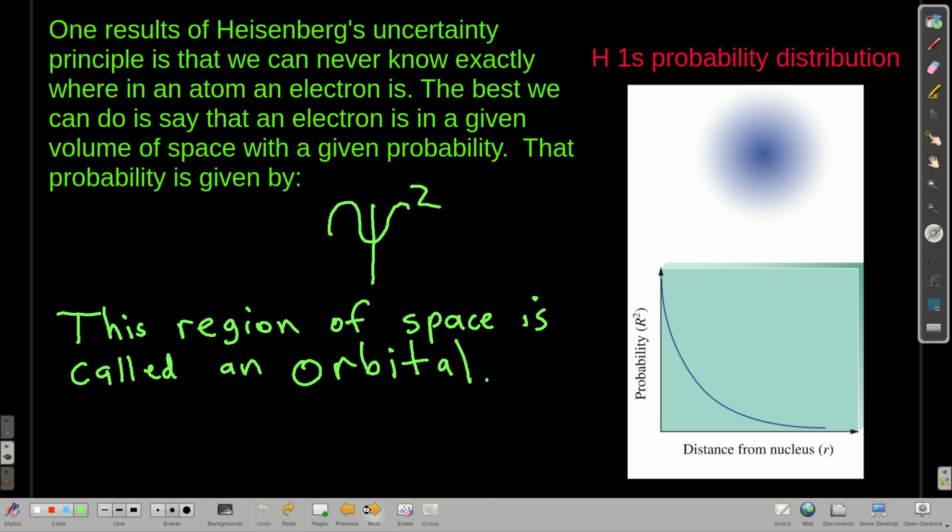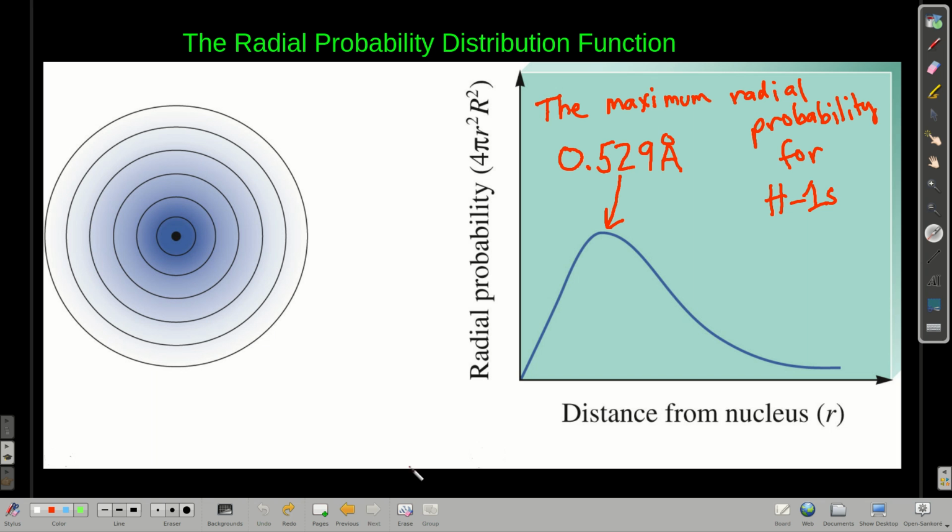Now, we can draw a different graph called a radial probability distribution function. And if you imagine, we're talking all about the hydrogen atom right here for now still.